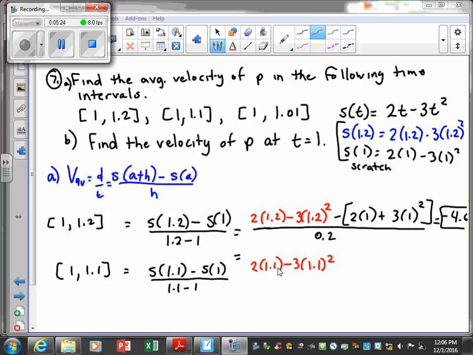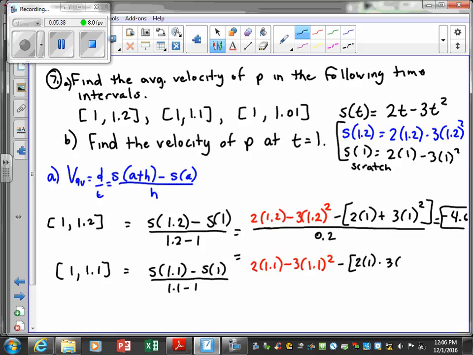This is s of 1.1. Then we want to subtract out s of 1, which we already had up there, so that's the same. But this time, what's our time value? 0.1.